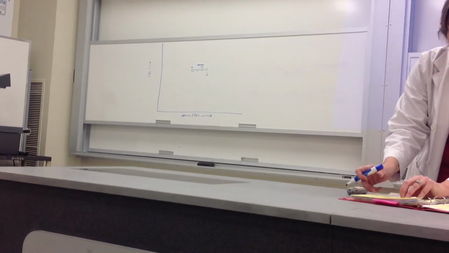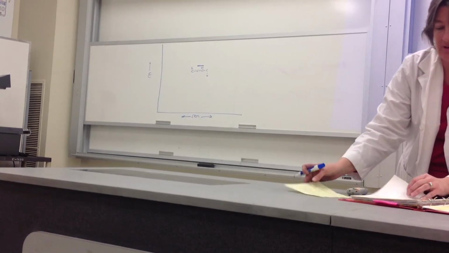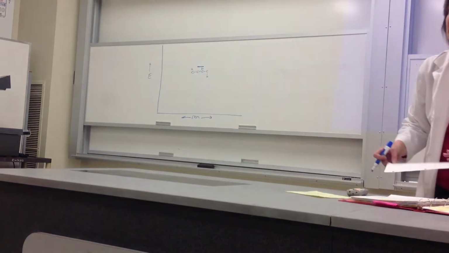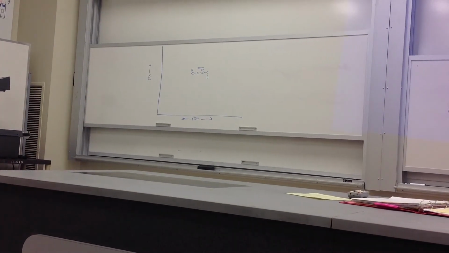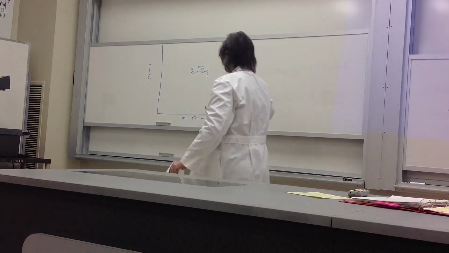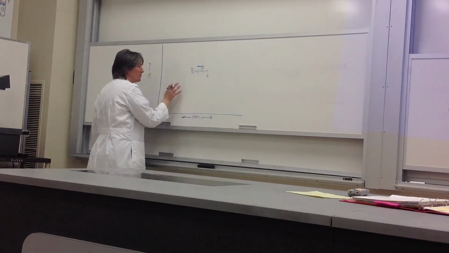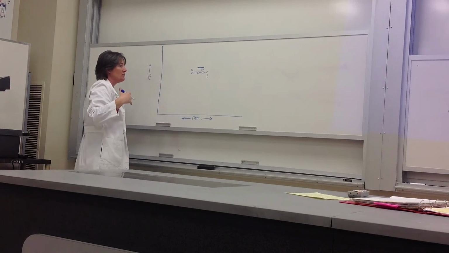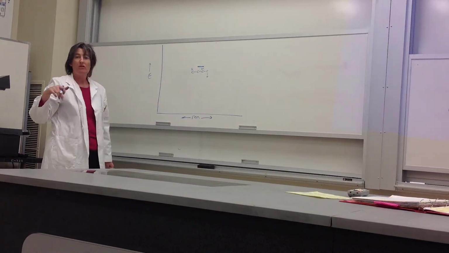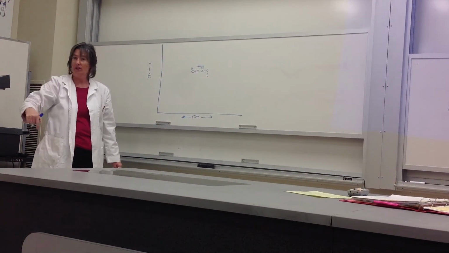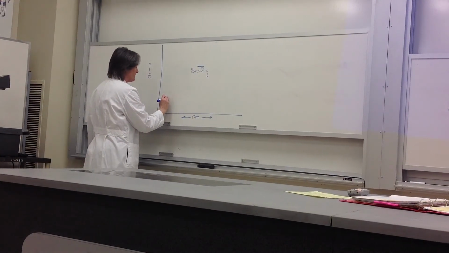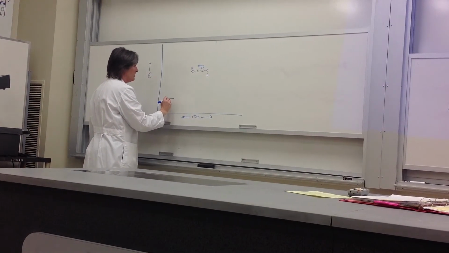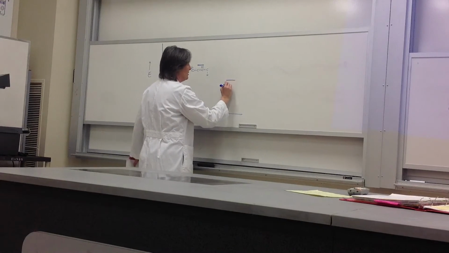And then we are going to put the products in there. We're going to put the 1,2 product and the 1,4 product. I'm going to do the 1,2 product on this side and the 1,4 product on this side. Now you guys just told me from a piece of information a while ago that the 1,4 was more stable. So I'm going to put it lower in energy. So here's the 1,4, and I'll put the 1,2 up here.